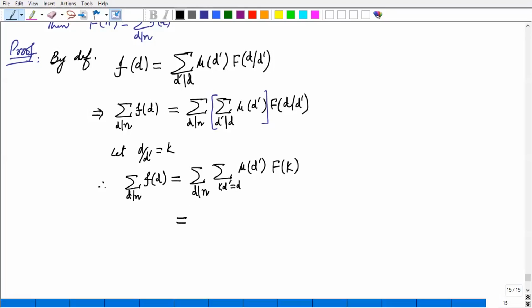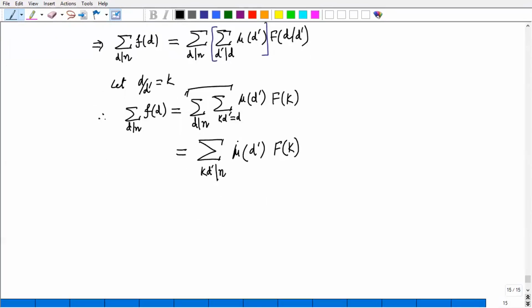Because we have assumed that d by d prime equals k, we can use a single sum for both, that k d prime is a divisor of n, and we can write here μ(d prime) f(k). Okay, so these two sums can be combined like that.